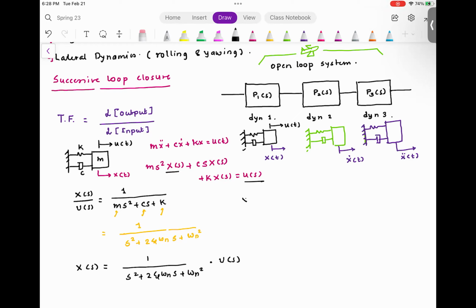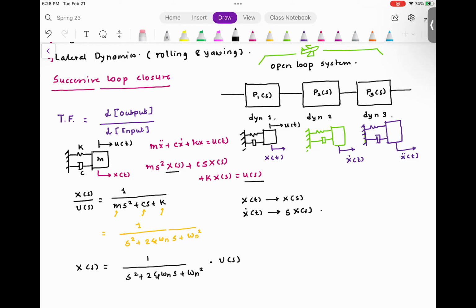So x of t becomes X of s. Do you agree with me? X dot of t becomes s X of s, right?